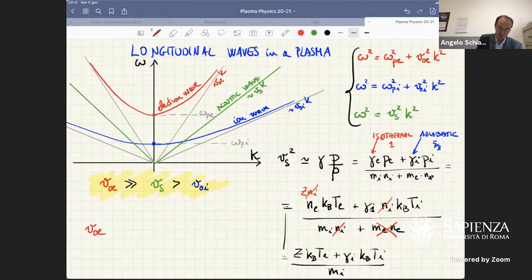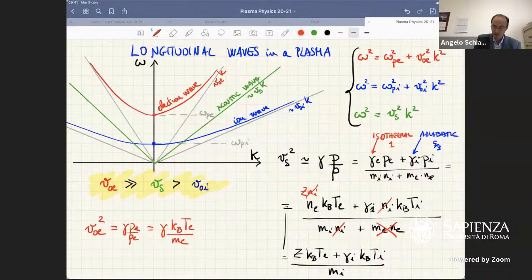for the electrons: it is gamma PE over the density rho E, same argument, and you get to the fact that this is gamma KB, temperature of the electron divided by the mass of the electron.